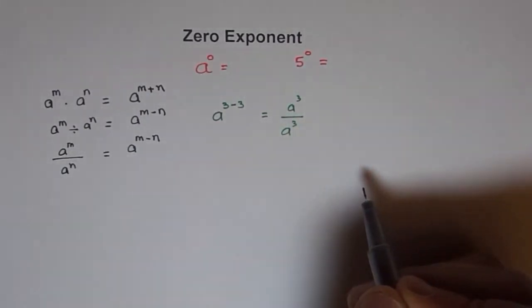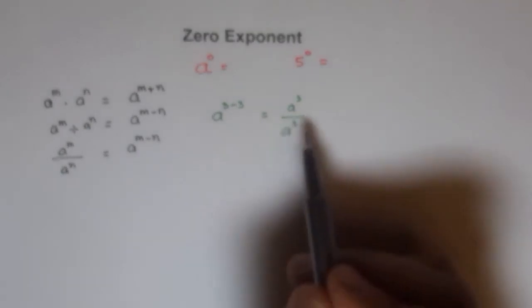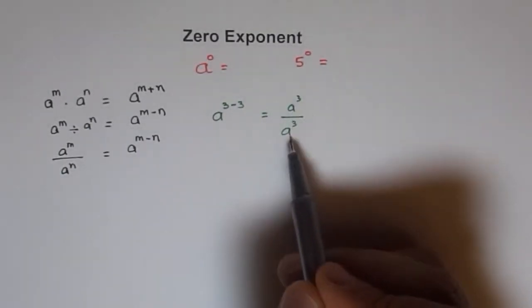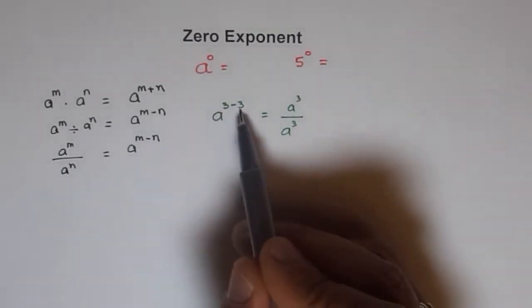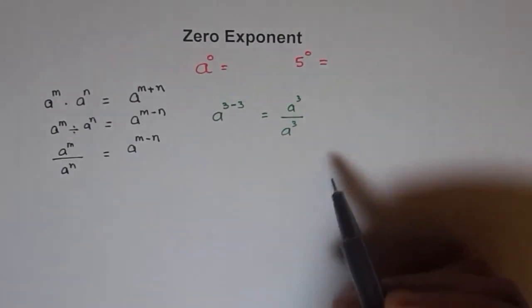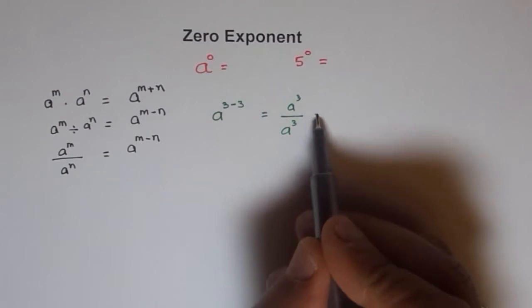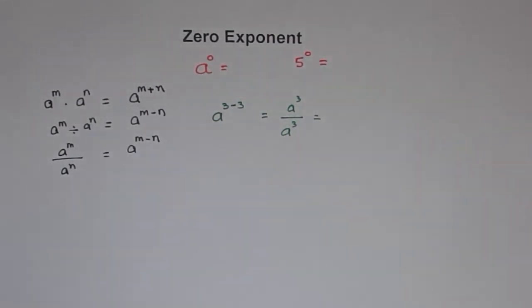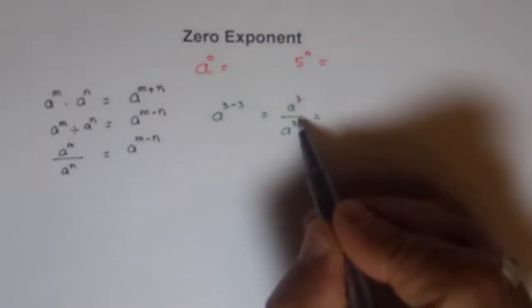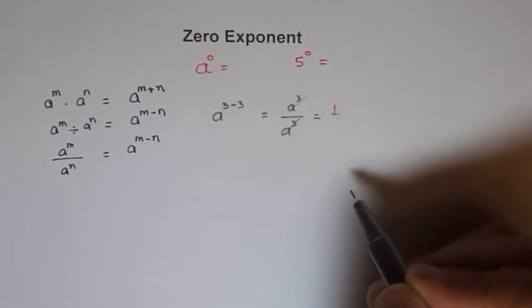Does it make sense? Yes. Only if we have a to the power of 3 divided by a to the power of 3, I will write 3 minus 3, correct? See it the other way. Now, if I have a to the power of 3 divided by a to the power of 3, then what do I get? They get cancelled out and I get 1.